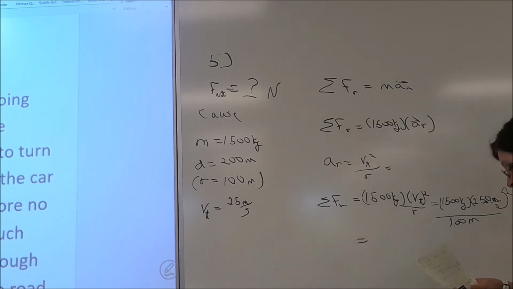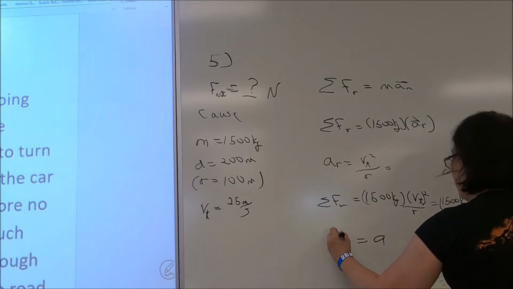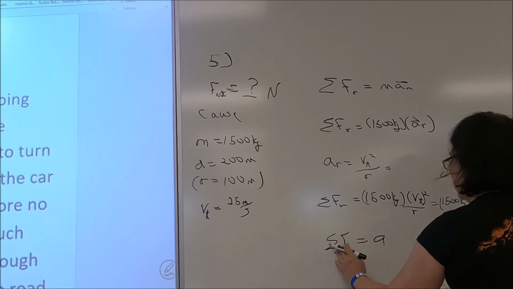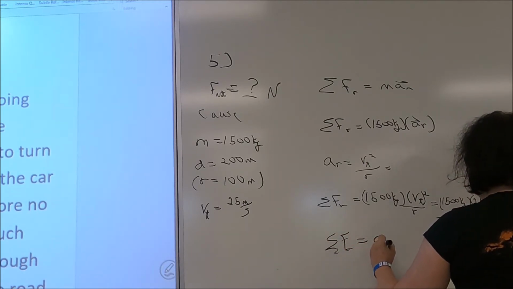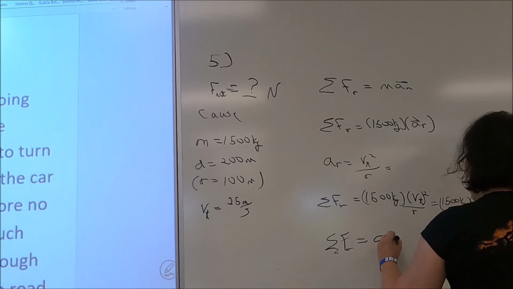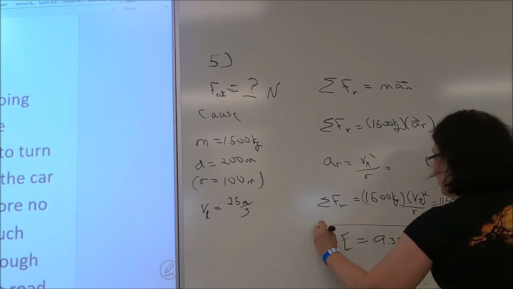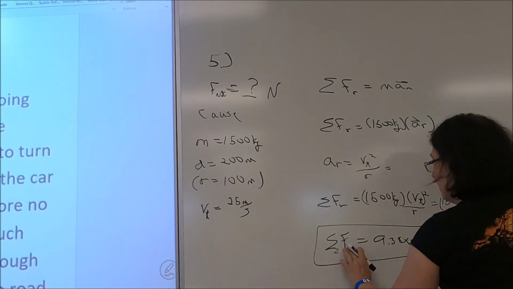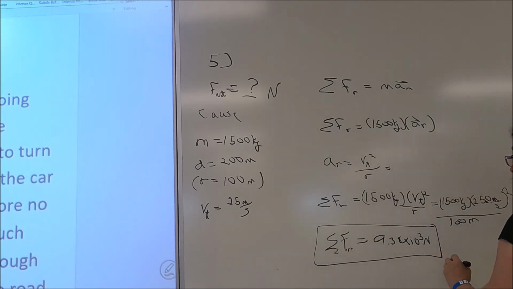If we solve this, the sum of the forces radially is equal to 9.38 times 10 to the 3 newtons. So that's the magnitude of the force that it takes to turn the car.